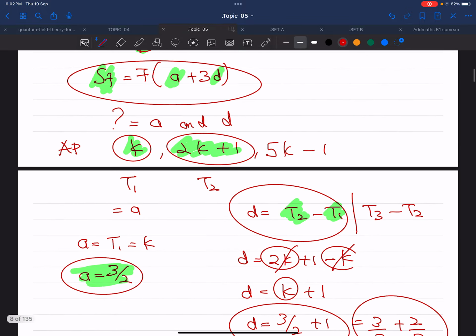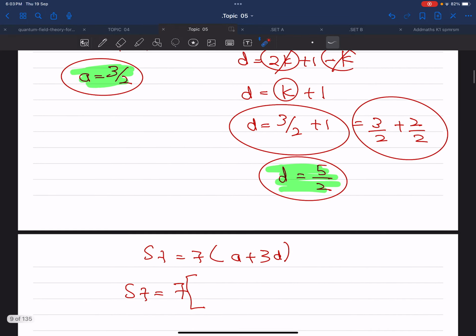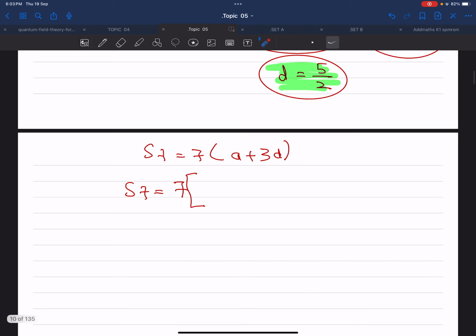Now we substitute all the values, that's all. Our A is 3 over 2, plus 3, and our D was 5 over 2. That's all.